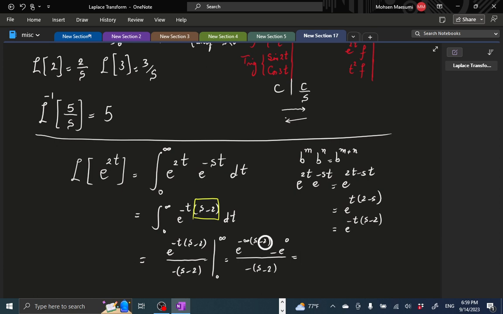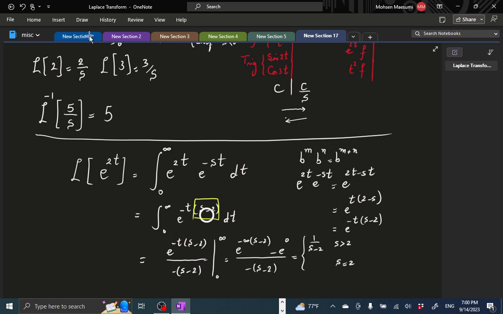Similar conversation as before. If s is larger than 2, then this is positive. Exponential of negative infinity will be 0, and I'll have just minus 1 over minus s minus 2, and that's going to be 1 over s minus 2. If s is equal to 2, this is 0.